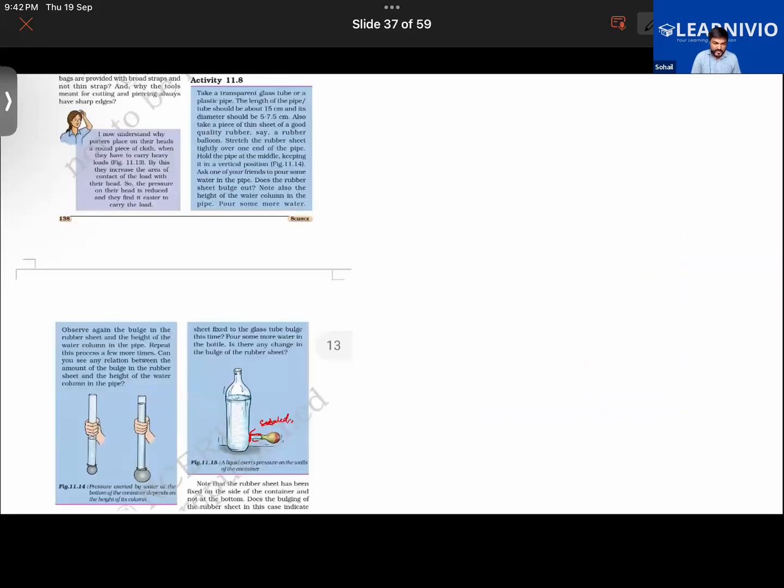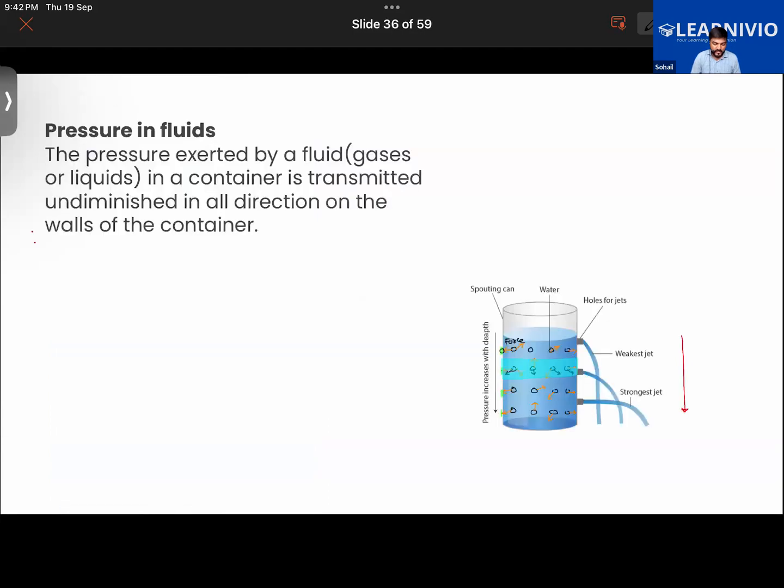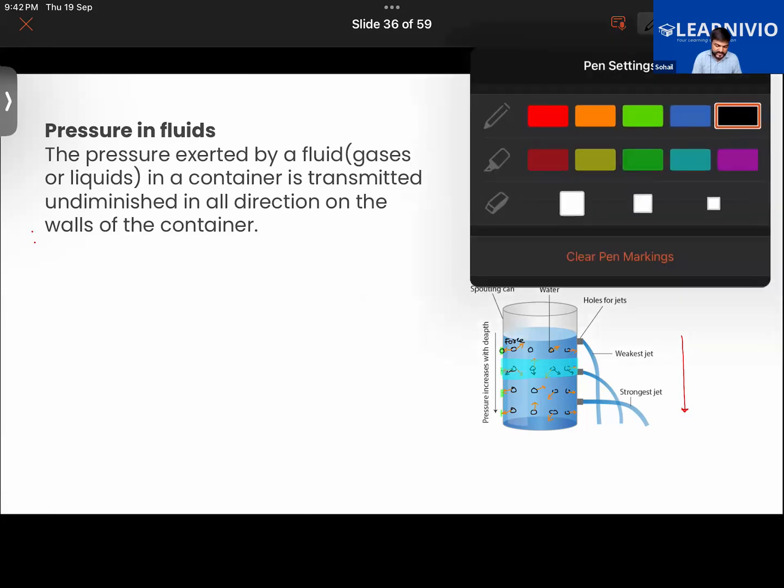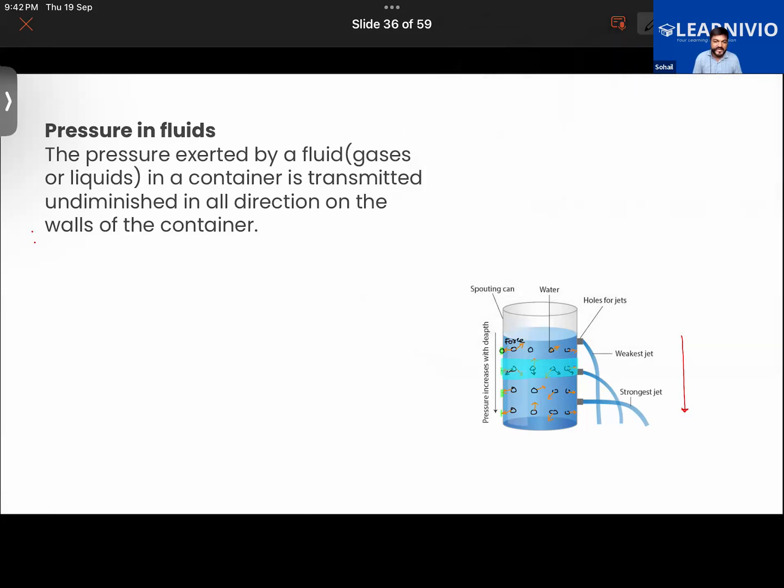So what factors determine the pressure in a fluid? Pressure in a liquid particularly is determined by the depth, first of all, and furthermore by the density of the liquid also.